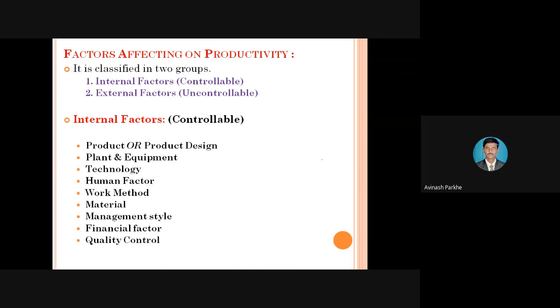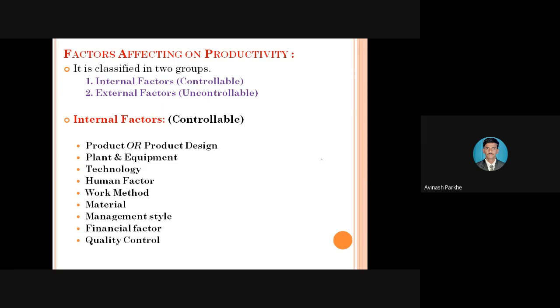That means whatever factors are in your hand, we can easily control and manage. Those factors are called internal factors, or we can call them controllable. It is in your hand to control them. But some other, external factors are uncontrollable. They are not in your hand, or in the hand of the organization, to control. Now we'll discuss the various factors which affect the productivity.